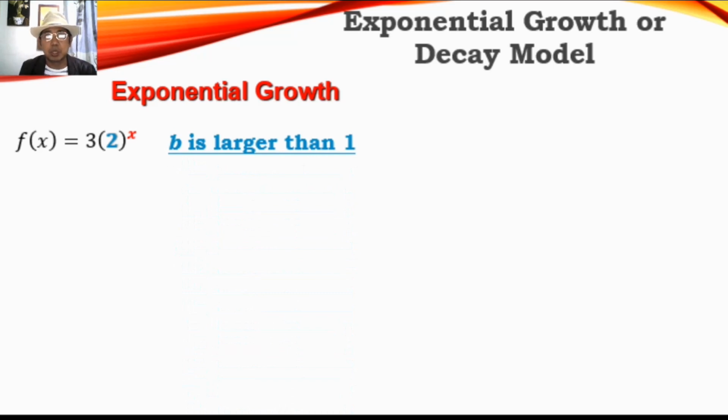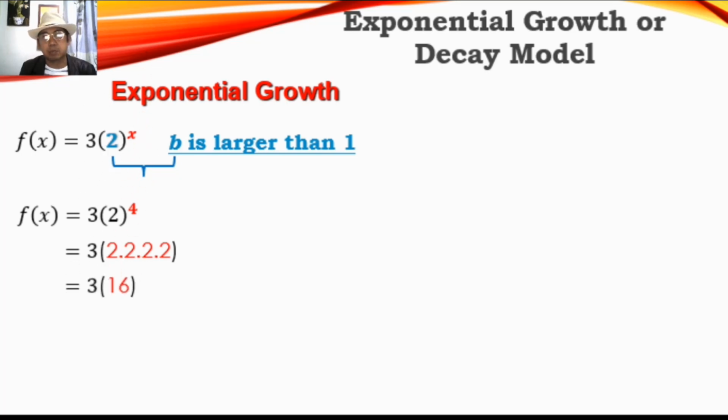Now, what if we assume an exponent of 4? What would be the result? It is the same as 3 multiplied by 2 times 2 times 2 times 2, which is the same as 3 multiplied by 16. What would be the final result? Of course, that is 48.